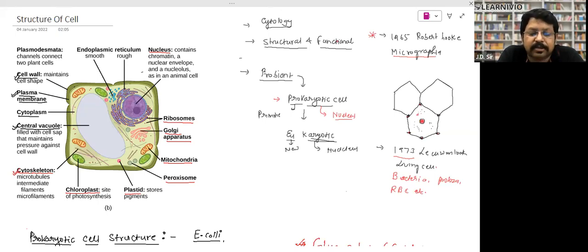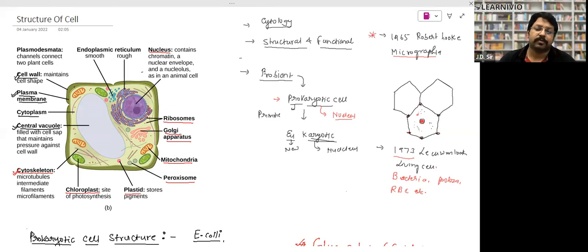After that, a scientist from microbiology, and the name of that scientist was Antony von Leeuwenhoek, right? In 1673, after the 8th year, Antony von Leeuwenhoek saw the first living cell, and these cells were bacteria, protozoa, and RBC, etc.